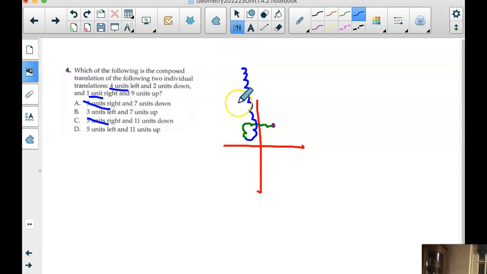Let's see. 2 down, let's say that's -2. And then 9 up. -2 plus 9, or 9 minus 2. Look at that. Now I want you to pause the video and think about that and see if that makes sense. And if it does not make sense, I want to know. Okay? Thank you.